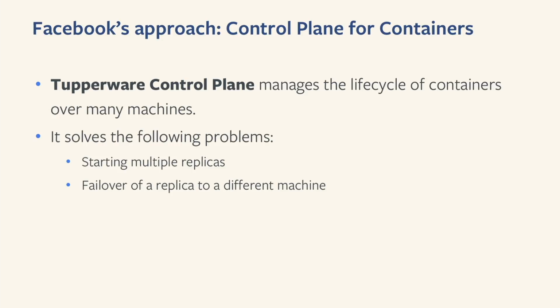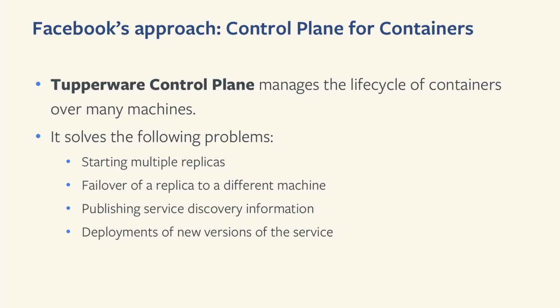If a machine goes down, it will notice, and then it will be its responsibility to recreate that container on another machine. It's responsible for publishing service discovery information so that clients will now be made aware that the container is running on a new machine. And it handles deployments of the service in a safe way.